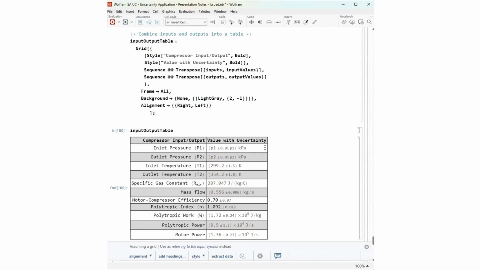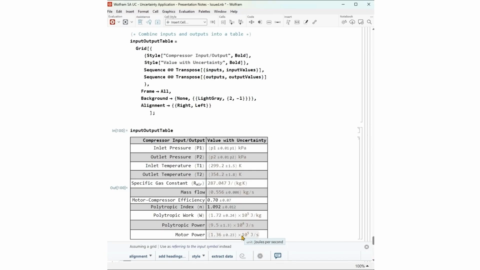So under these conditions of uncertain inlet pressure in the correct units, the outlet pressure, the inlet temperature, the outlet temperature, the specific gas constant, the mass flow, and the compressor efficiency, you can compute a polytropic index as shown here with its uncertainty, the polytropic work, again in its correct units, the polytropic power, and the motor power shown here as watts.